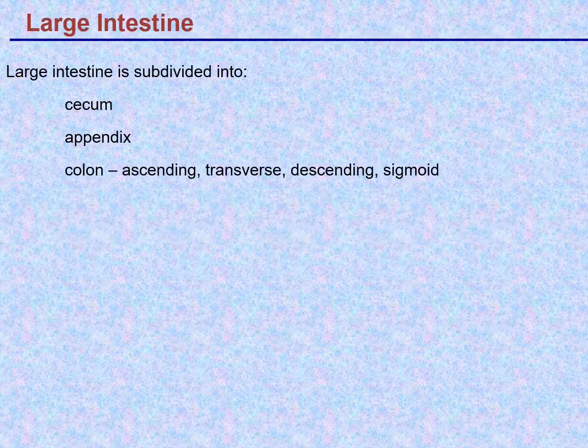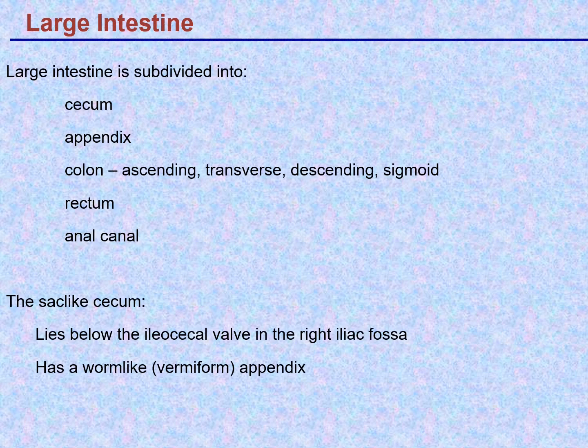The large intestine is divided into several sections, going from proximal to distal: the cecum, right after the ileum. You have the cecum, and hanging off the cecum is the appendix. And then there's the colon, which includes the ascending, transverse, descending, and sigmoid colons, followed by the rectum and anal canal.